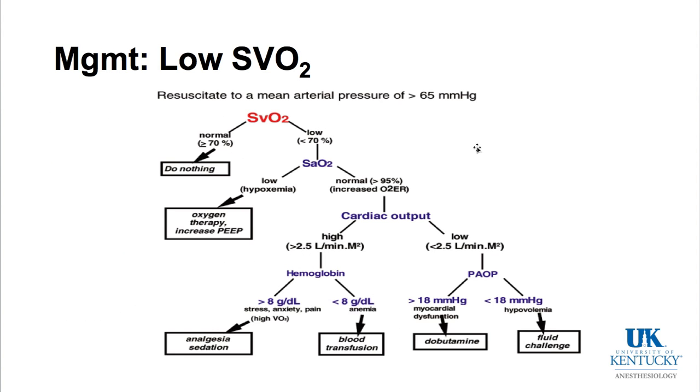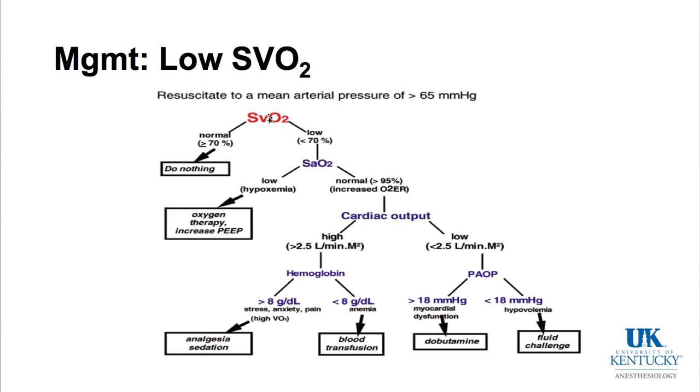So what do you do if you have a low mixed venous oxygen level? Well, first of all, make sure that you've resuscitated the patient to a mean arterial pressure of 65 or greater, for example, and also make sure that you're oxygenating okay, SaO2, that is. So you could look at a blood gas or your SpO2 monitor, your pulse oximeter.